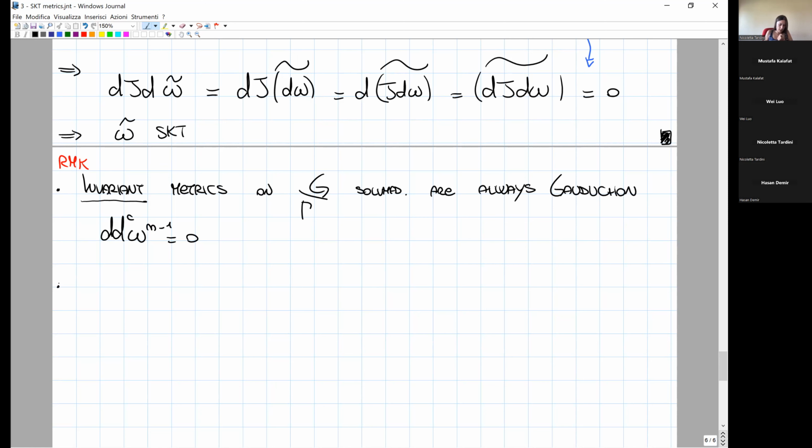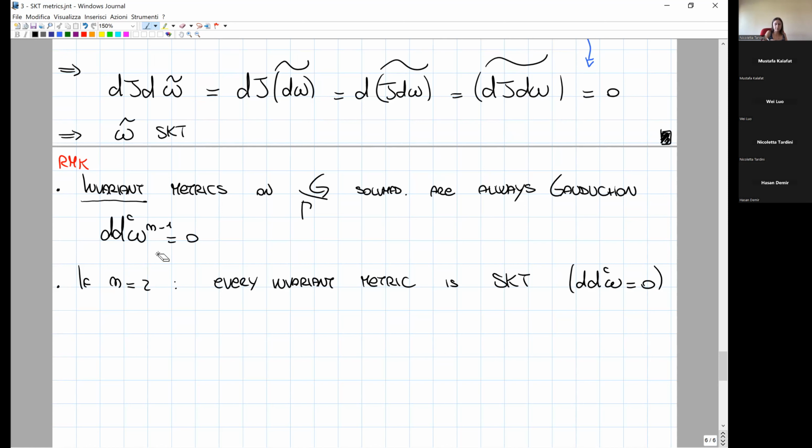So why am I saying this? Because if n is equal to 2, then what does it mean? It means that every invariant metric is SKT, because the SKT condition is DDC omega equals 0, but you see, if n is equal to 2, so if we are on a surface, DDC omega equals 0 is equivalent to the Gauduchon condition, okay?